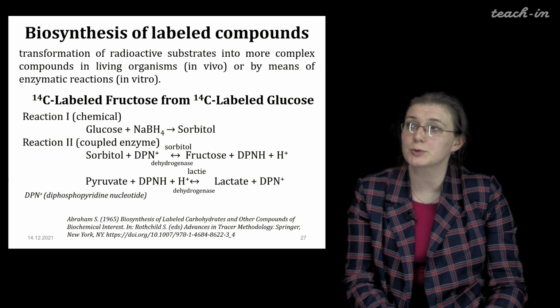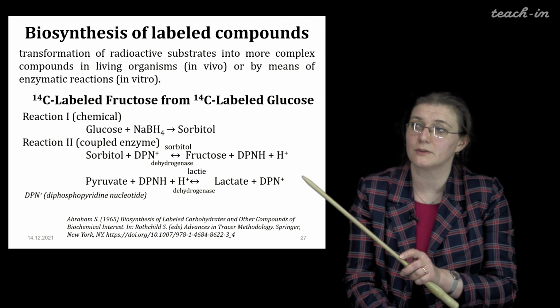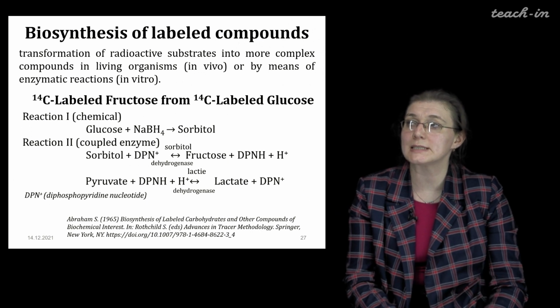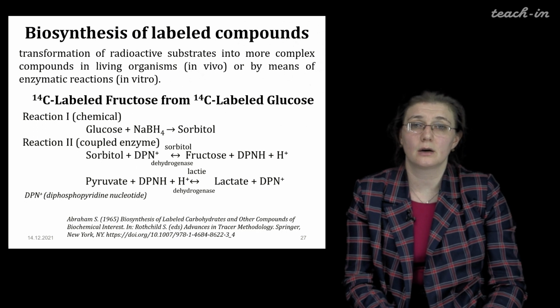This group of methods includes the transformation of a radioactive substance into a more complex compound in living organisms. It can be carried out in vivo or by means of enzymatic reactions.